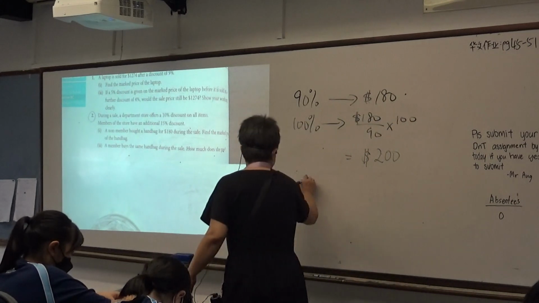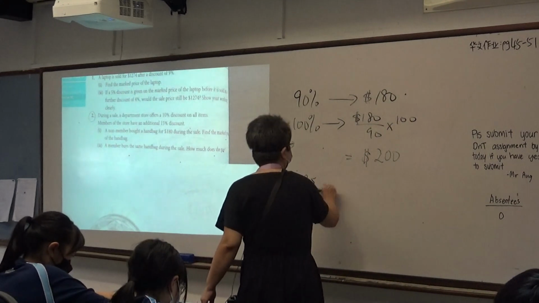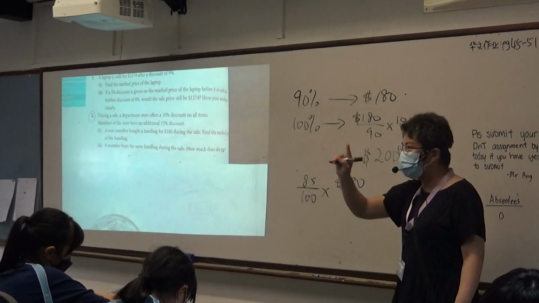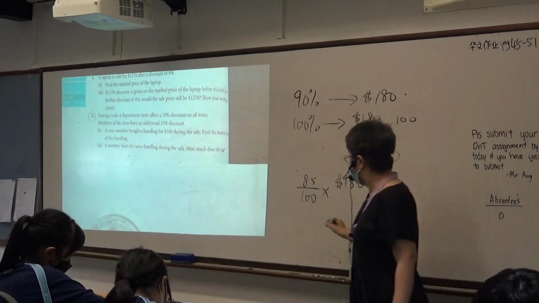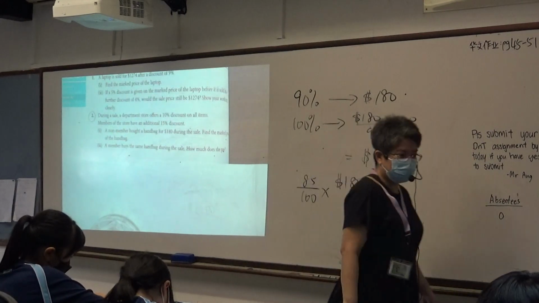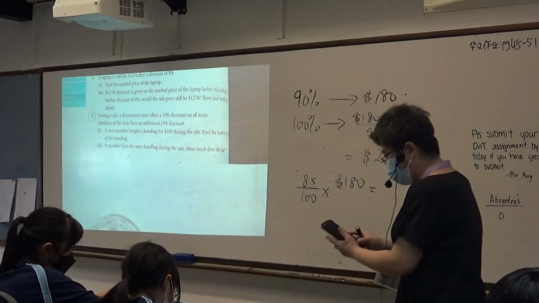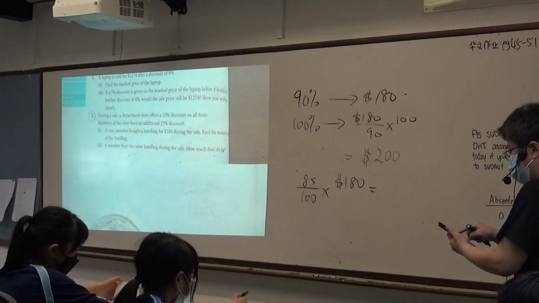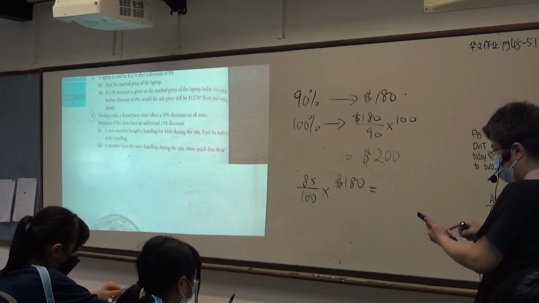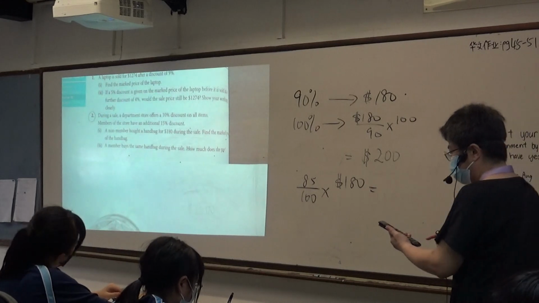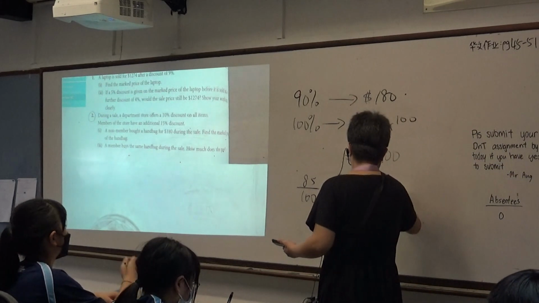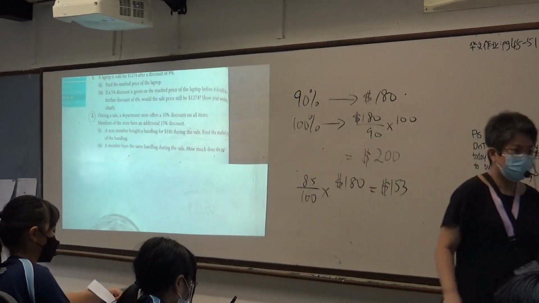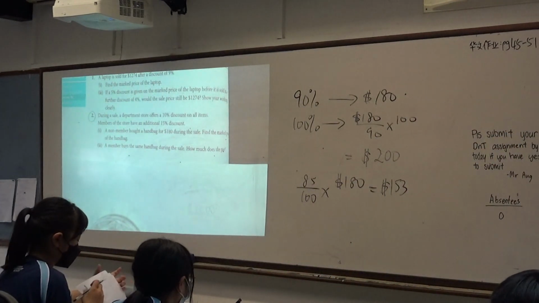So it must be 85% of this 180, right? Because on top of the discount, there's a further discount. Okay? So, how much is this? How much is that? Do you get $153? Can you get $153?